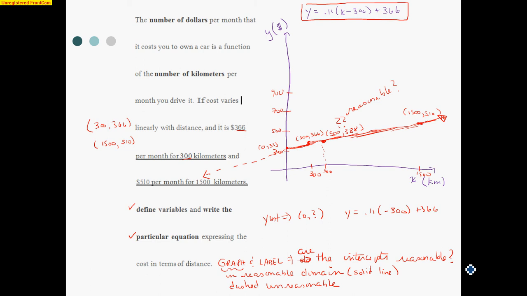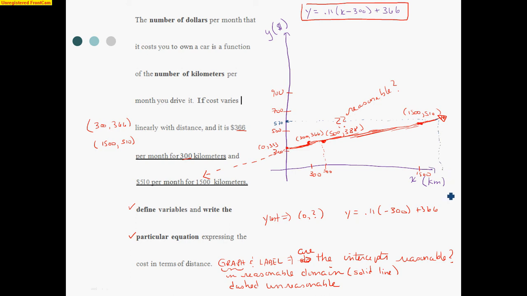So I asked about 570. 570 is probably here-ish. So 570 will hit my model somewhere over here. So you should expect an X higher than 1500, right?